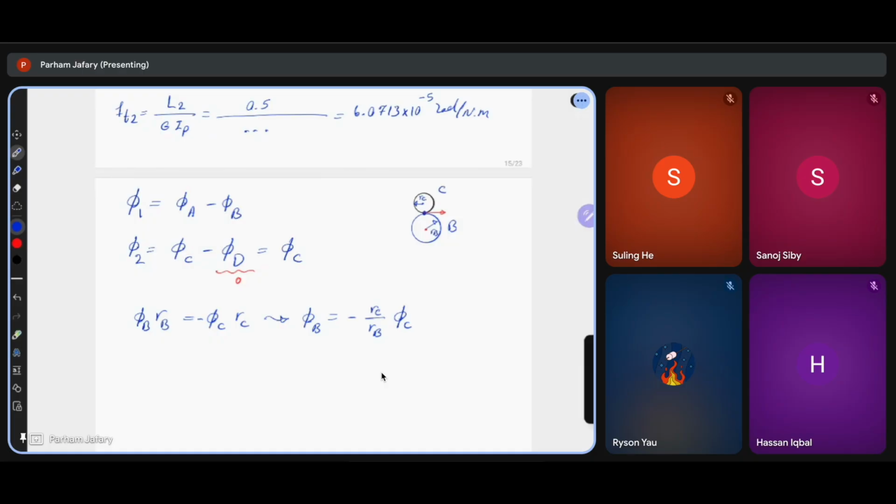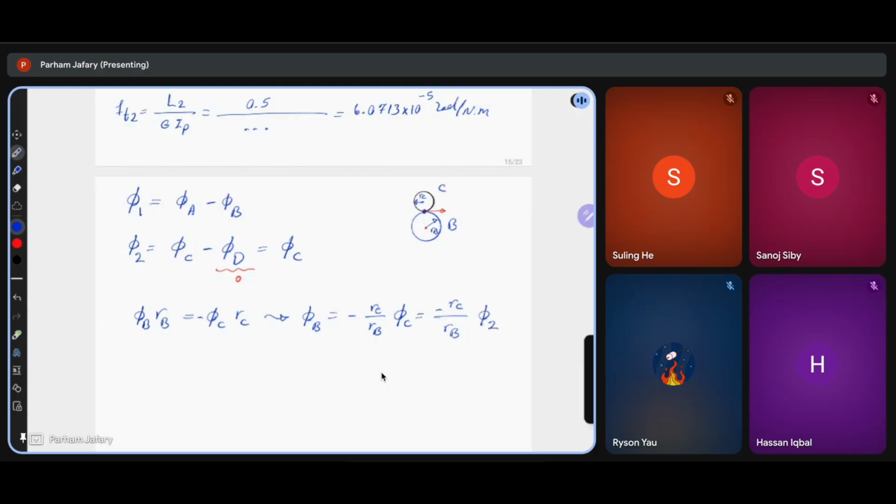Okay? And we know that phi of C is equal to phi 2, so this will become negative RC over RB times phi 2. Okay?